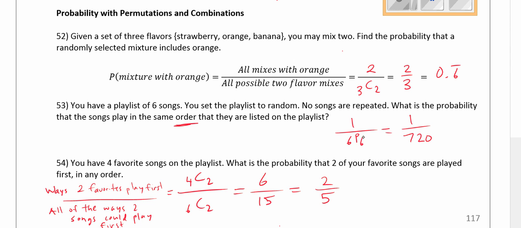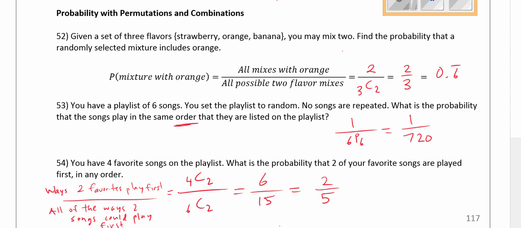All right? And then what are all the ways they could play? Well, I can take 6 songs and make tons of permutations with them. So 6 things taken 6 at a time, which is 720. Therefore, my probability is 1 over 720 chance that these songs could play in order from 1 to 6. All right, and there's 719 other possibilities they could play in a different order.